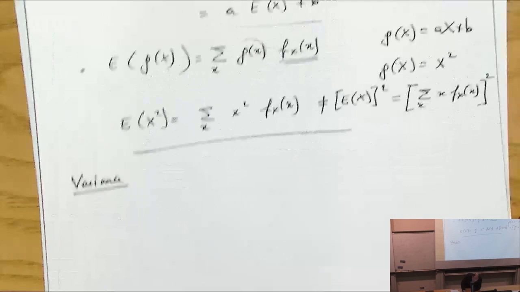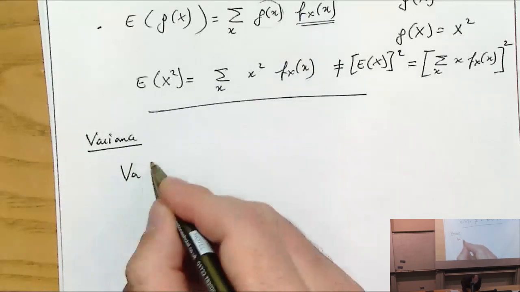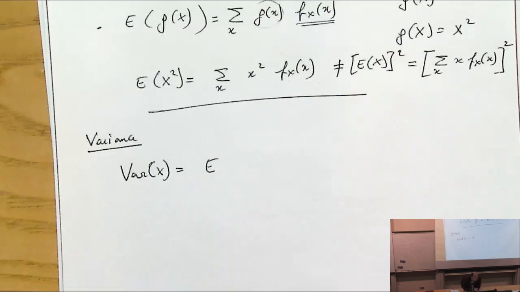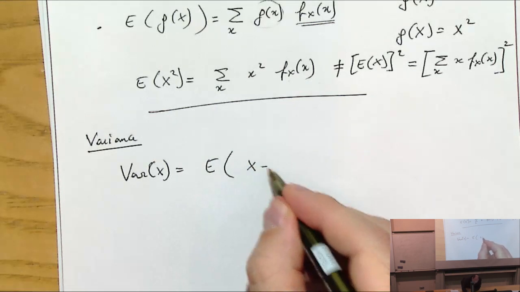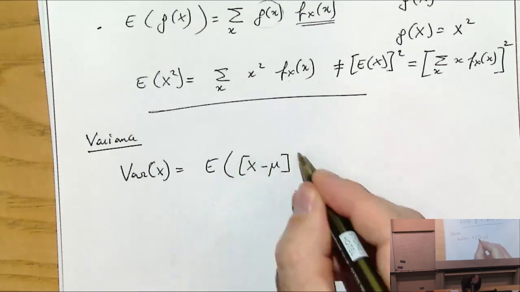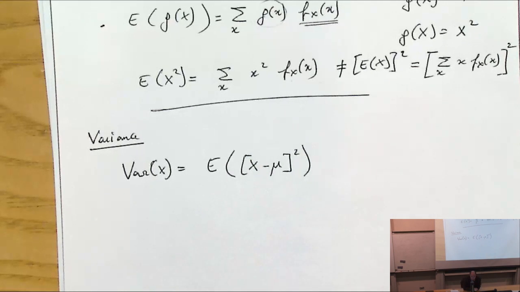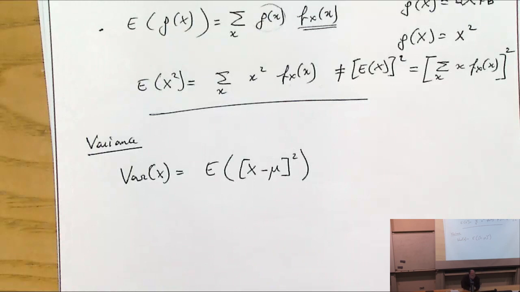Okay, so what is the variance? We denote the variance of x as Var(x). And this is actually still an expectation. So you define the variance as an expectation. But the expectation of what? It is the expectation of the square of the deviation of x with respect to its mean. So you don't look at where the probability mass function is centered, you're looking at the spread around its mean.